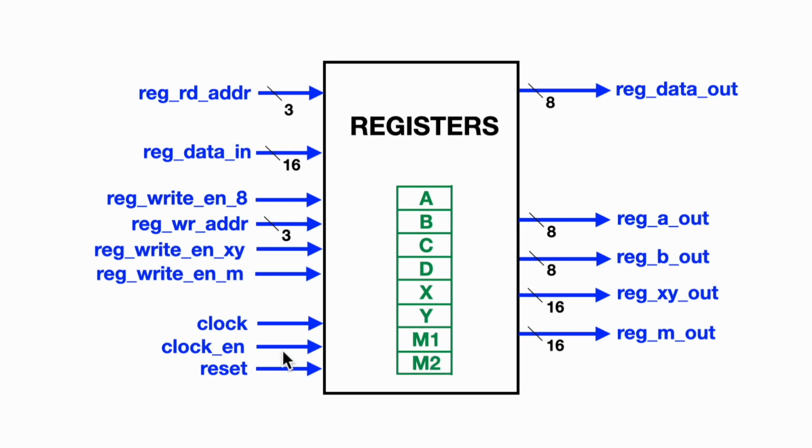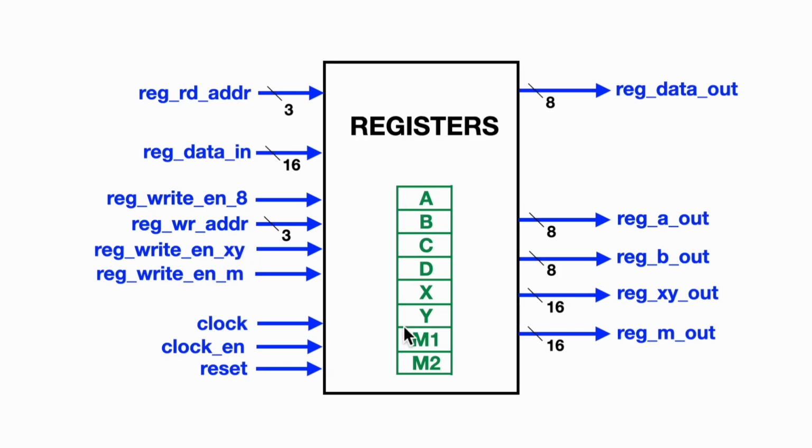If we want to update one of the registers, then we have some enable signals. We can either update one of the 8-bit registers, or the XY register, or the M register. So we have these three enable signals. The data going in is a full 16 bits, and that would be necessary for the updates to the XY or the M register.